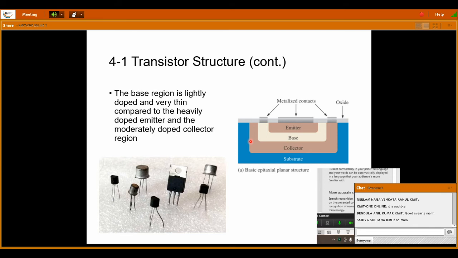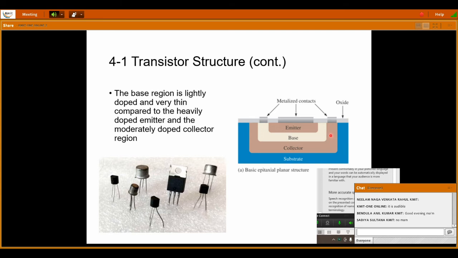Then again we have to dope that semiconductor. If it is an NPN transistor, the collector must be N type and the base must be P type. Hence, we have to dope with trivalent impurities.